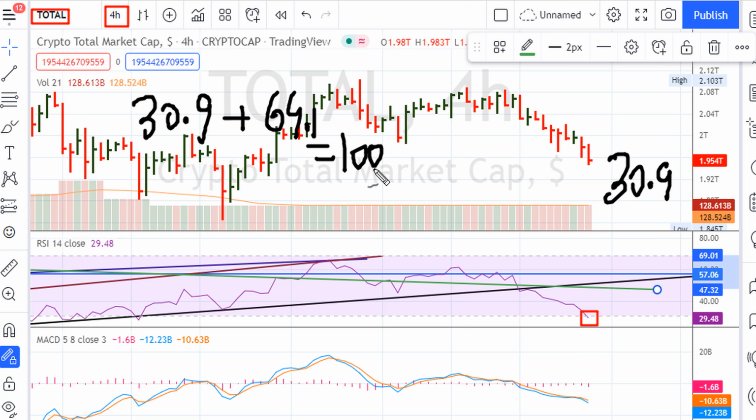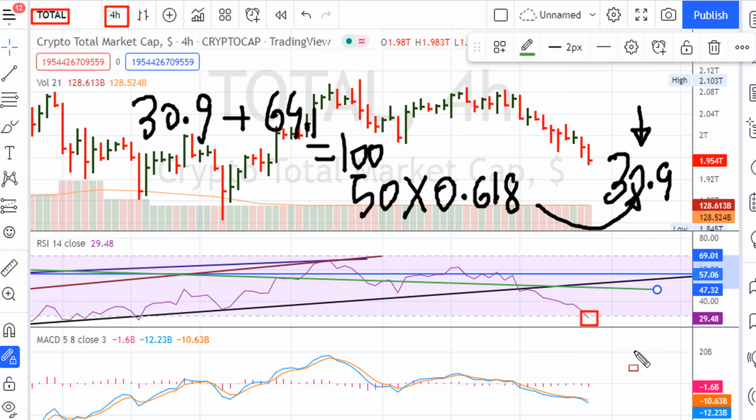Now, there's another way to end up with this number. As I said, you can end up with these numbers from many vantage points. If I take 50 and multiply it by 0.618, I end up with this number.